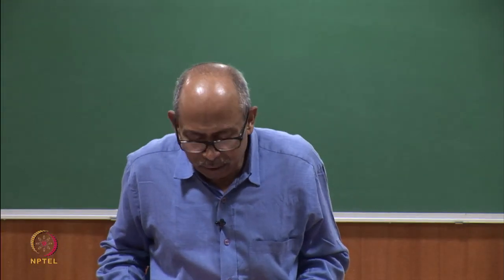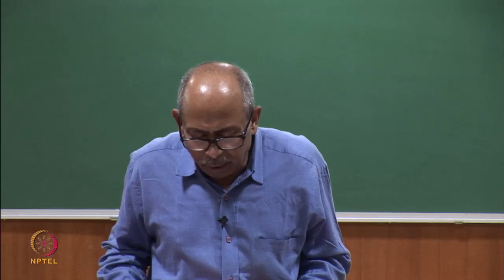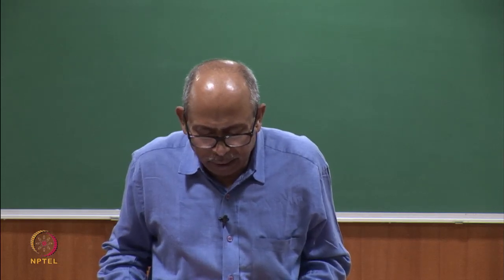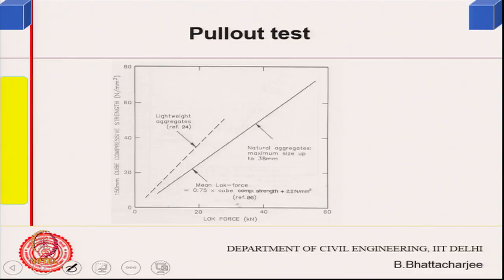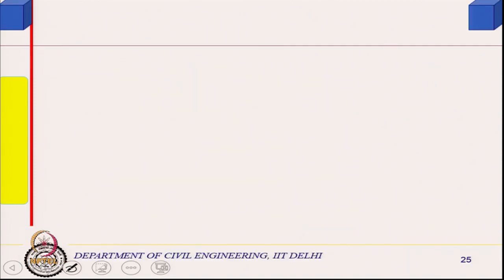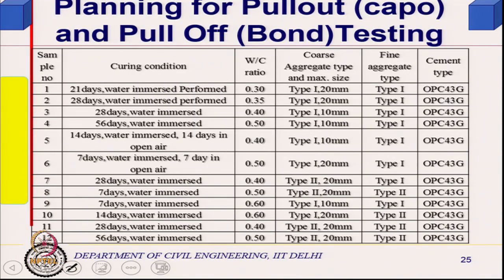of the manufacturer, and we ourselves did some tests and we found that it does a good job. So, basically correlation can be established; the force required to pull out is a measure of the compressive strength. Some sort of correlation with the 150 mm cube one can get with different types of aggregate, and these are available. We did tests with different types of cement and all that, and we did find that it gives you an error within plus minus 10% of the core result.